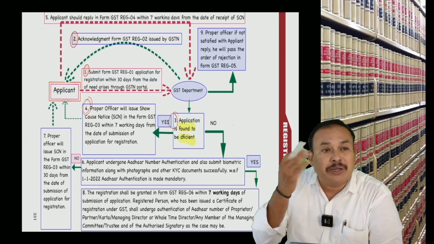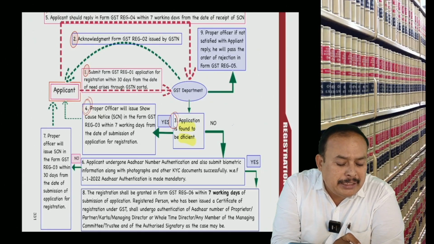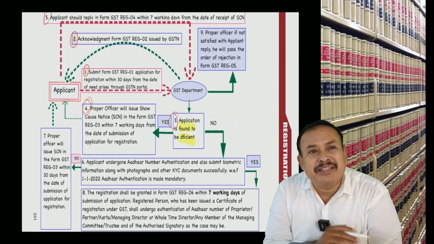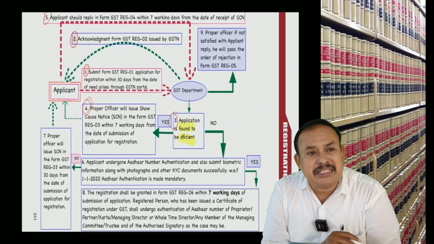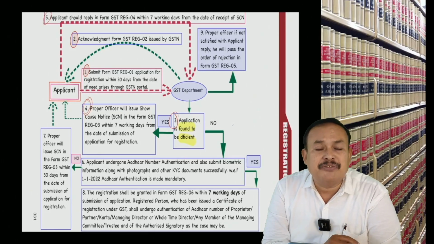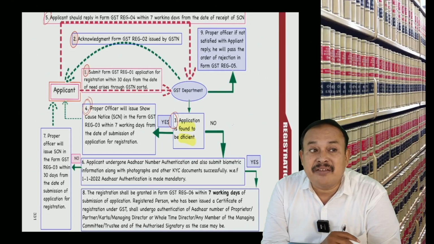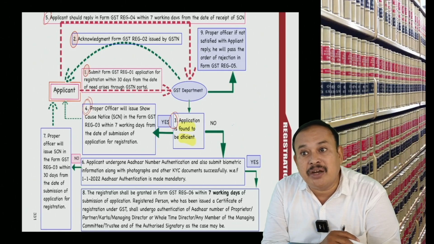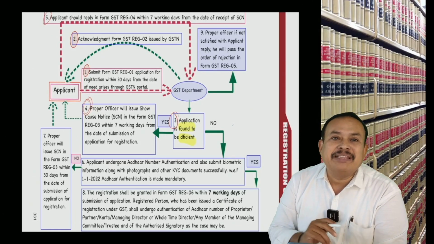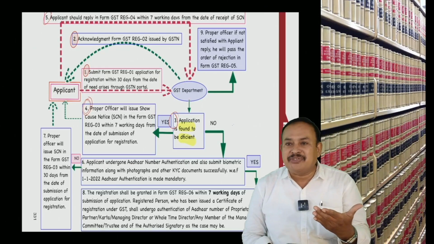The applicant should reply. Step 5: the applicant should reply with the proper documentary evidence called for in form GST REG 04 within 7 working days from the date of receipt of the show cause notice. With that, the department officer is satisfied.